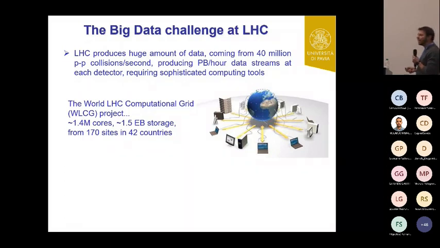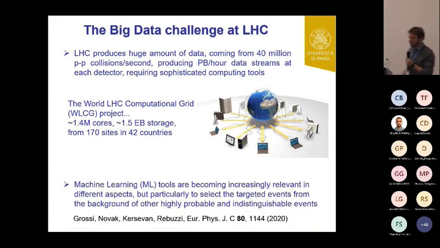And so already managing this data requires the involvement of several nodes in the world. And this motivated the build-up of the Worldwide LHC Computing Grid, an incredible project involving 170 sites in 42 countries, able to process an incredible amount of data.